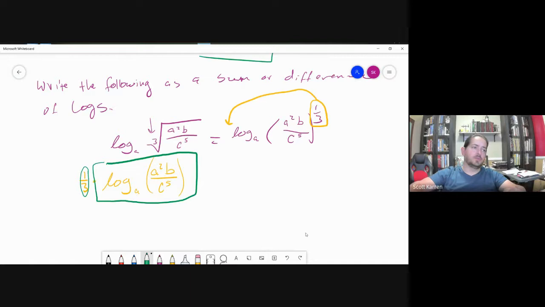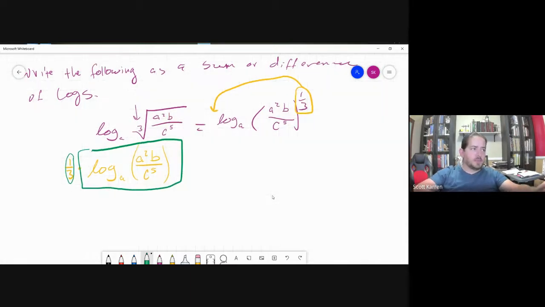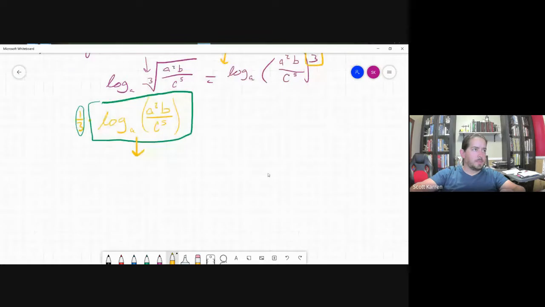Because when I turn this log base a of a squared b over c to the fifth, I can break that up using the quotient rule. This becomes the log base a of a squared b minus the log base a of c to the fifth.